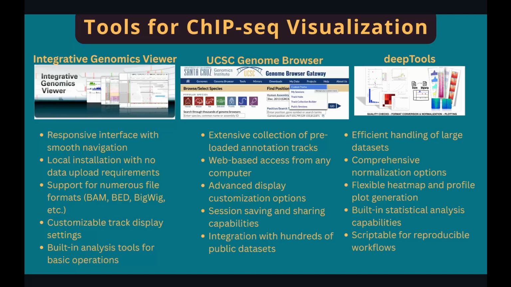You can directly visualize your data in IGV without much learning. The UCSC Genome Browser is feature-enriched and highly customizable. You can compare your data with multiple other datasets available online. deepTools is a comprehensive command line tool that generates multiple graph types as well as file format conversion.